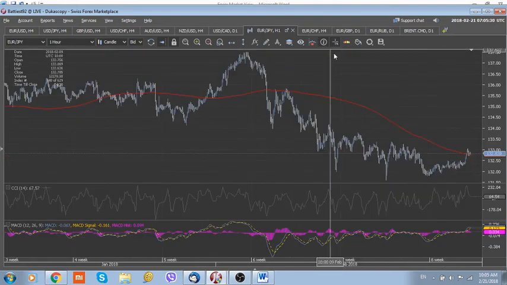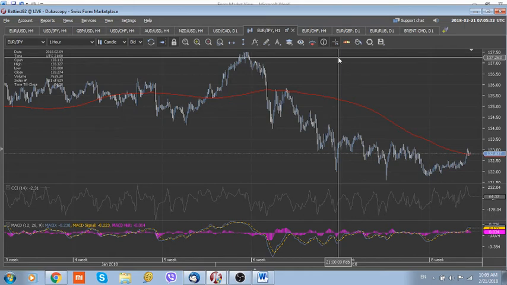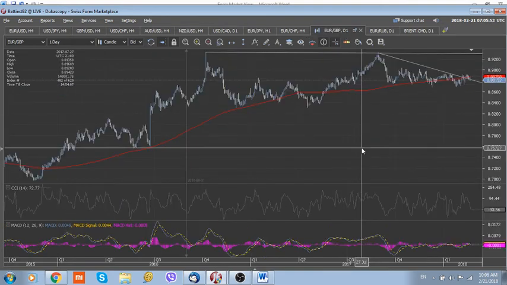In the euro yen, like in the euro Swiss and in the euro sterling, the situation is still the same. These pairs are still trading in the range, and we prefer to be flexible regarding trading these pairs, ready to buy the dips or sell the rallies. Probably the euro sterling is more interesting at the moment, because yesterday this pair dropped to around 88.10.